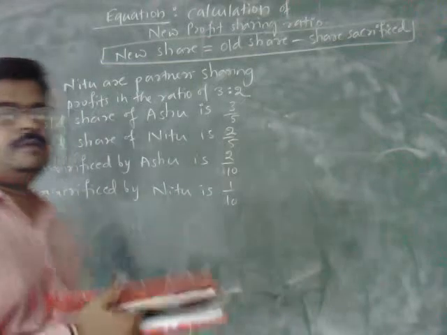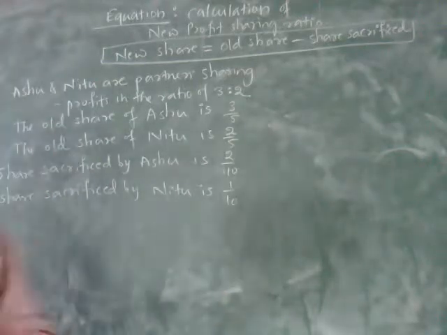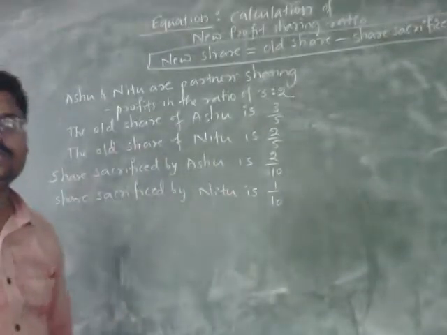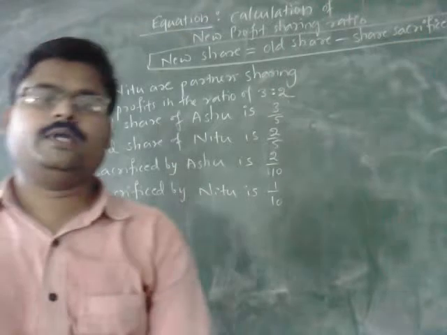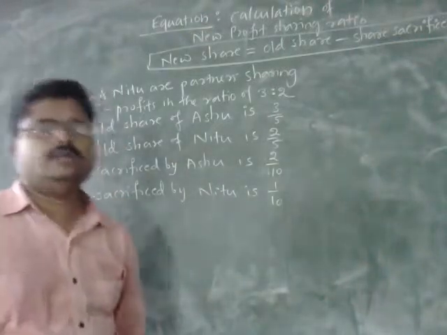So as per our equation, we got the basic data to calculate the new share. We got the old share as well as the share sacrificed, and if you deduct share sacrificed from the old share, you will get the new share.